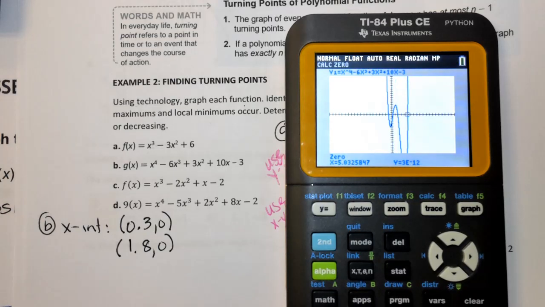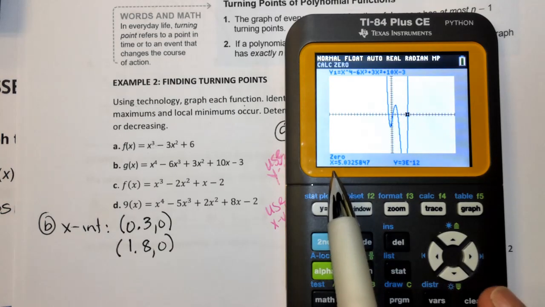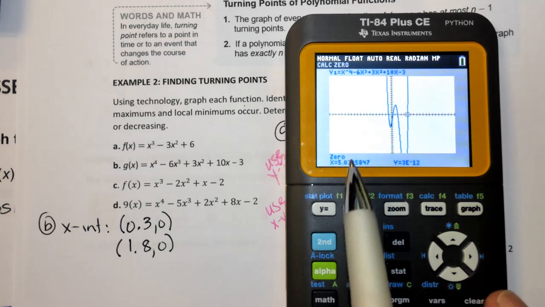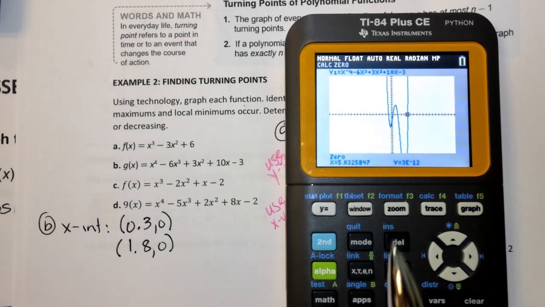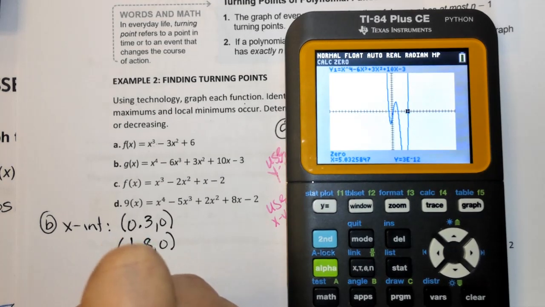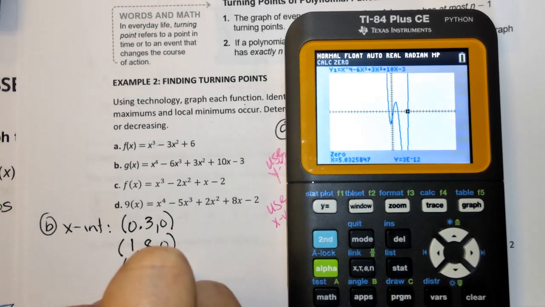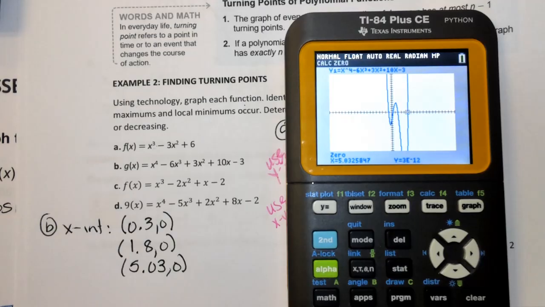Yes, we wanted to guess, and it isn't what I thought it was, so it's a good thing I did that. So this would be 5.03. Since it isn't exactly 5, let's go to hundredths place. So for this one, let's put 5.03, comma 0. So those are all three of your x-intercepts.